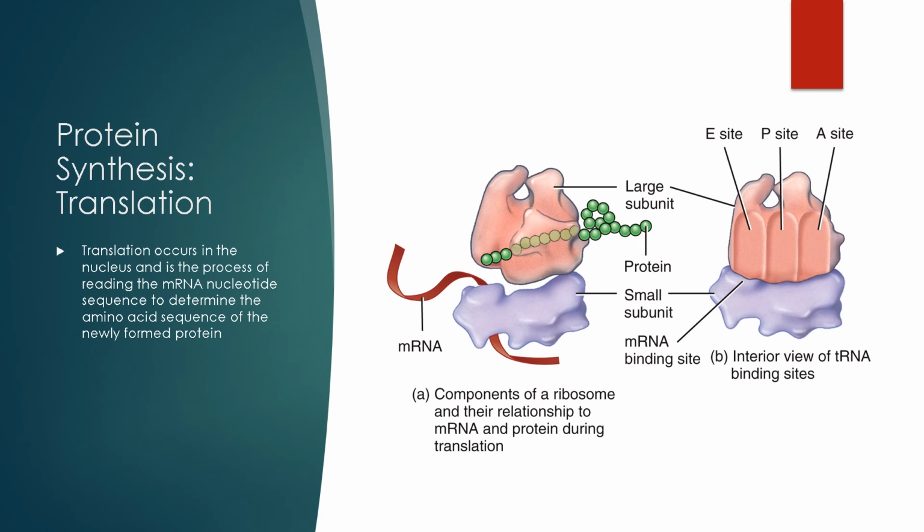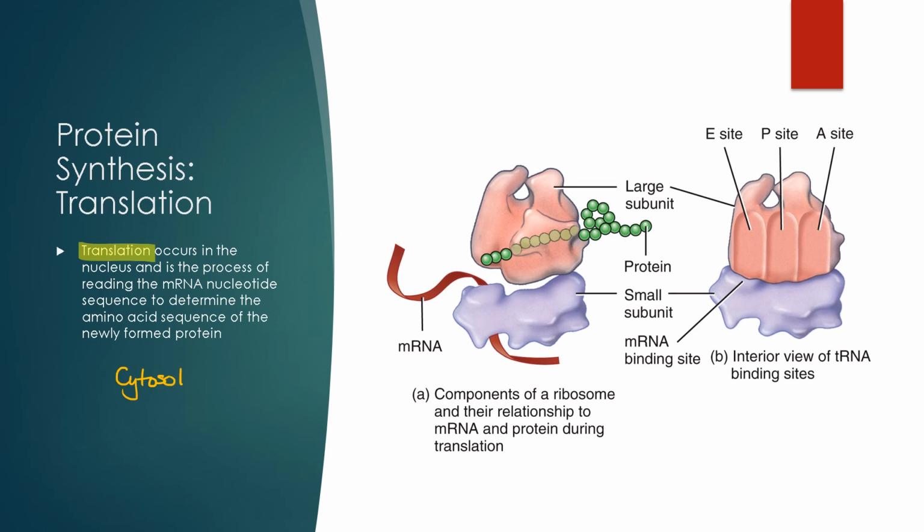Now, the second step in protein synthesis is going to be translation. Translation occurs in the cytosol. This is after the mRNA has been transcribed from DNA, and we've modified that mRNA to remove all those introns.